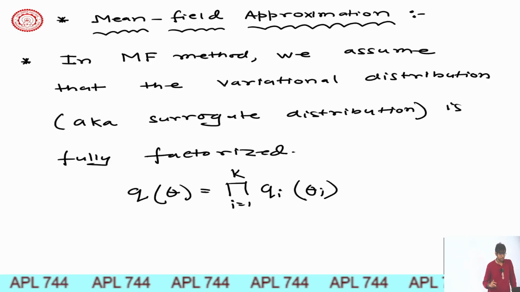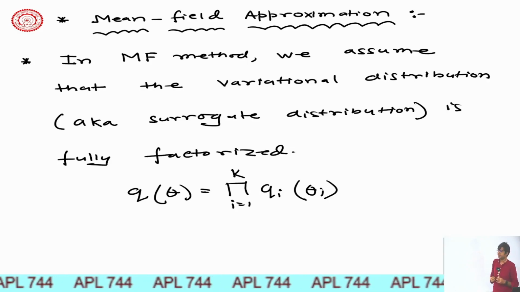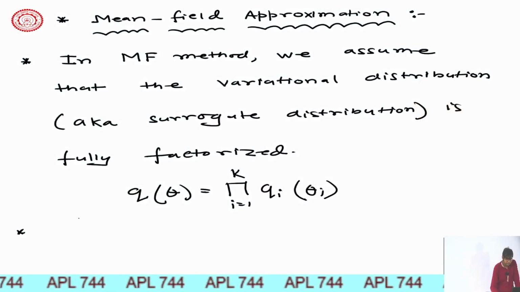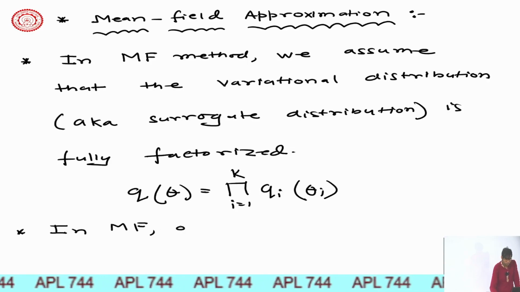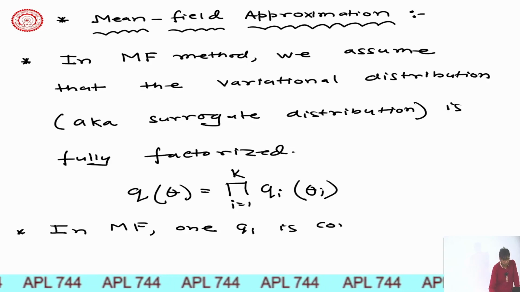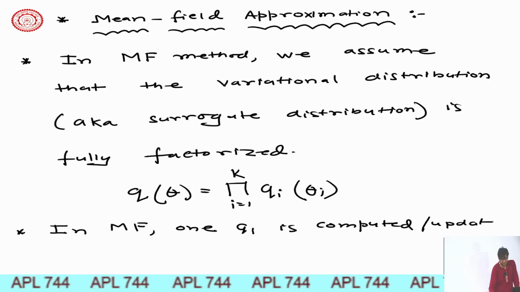Okay. So, this is the first thing we do in mean field approximation. The second thing we do is we update or compute one q at a time. In mean field, one q_i is computed or updated at a time, through some optimization.